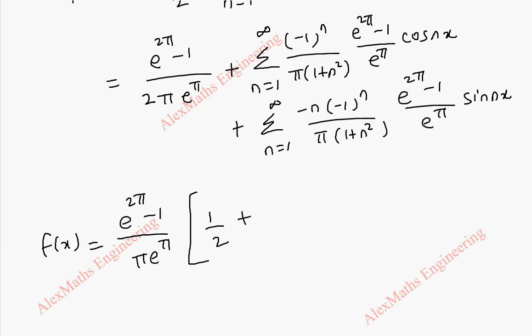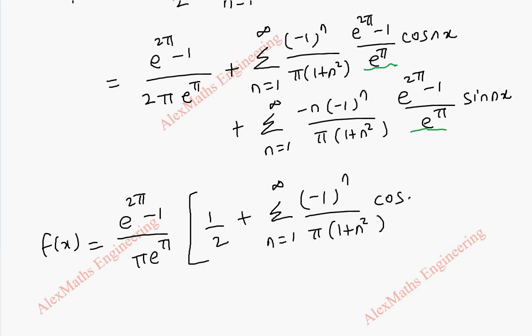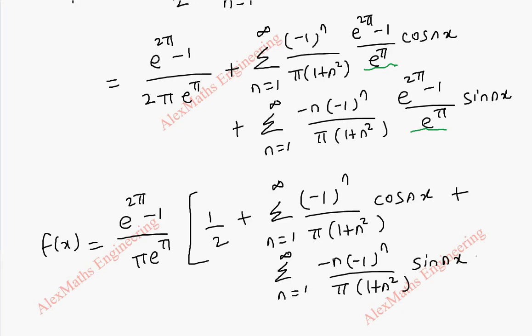Then in the second term, this term will be taken common, so without that we write summation n is equal to 1 to infinity minus 1 whole power n by pi into 1 plus n square into cos nx, then plus summation n is equal to 1 to infinity minus n into minus 1 whole power n by pi into 1 plus n square into sin nx.